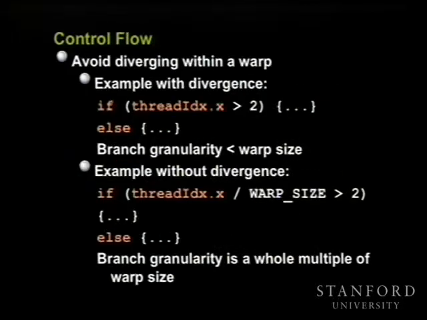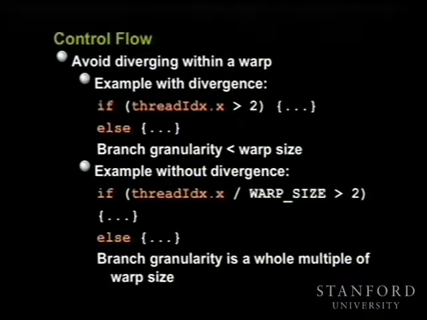So if you can, and you have a lot of this kind of branching, think about how you can restructure how you assign work to threads so that bigger groups of threads have a bigger chance of going down the same path.